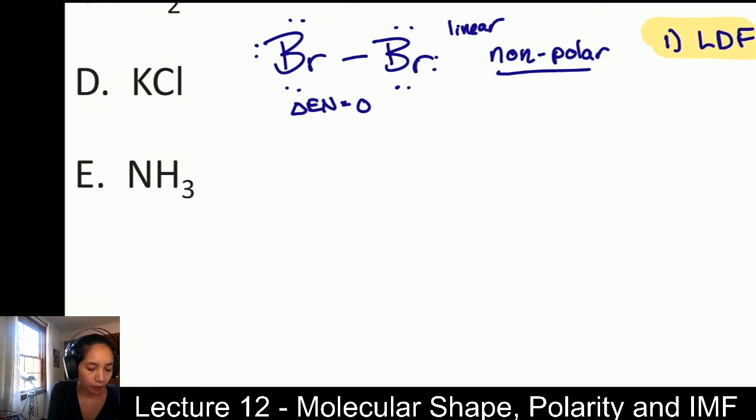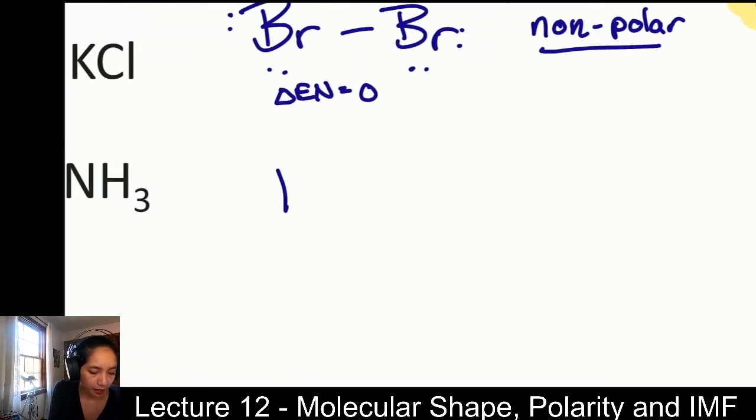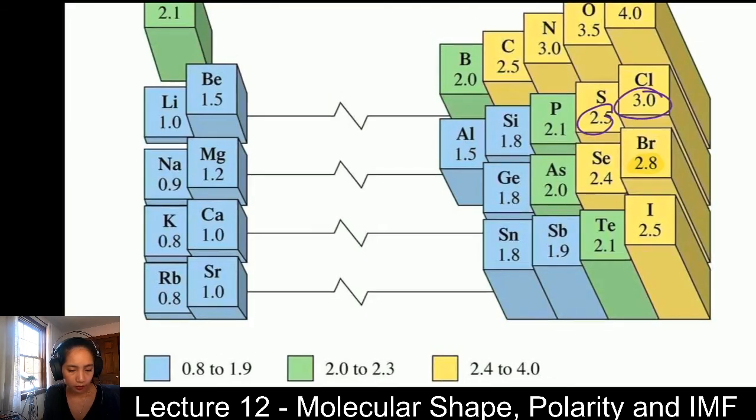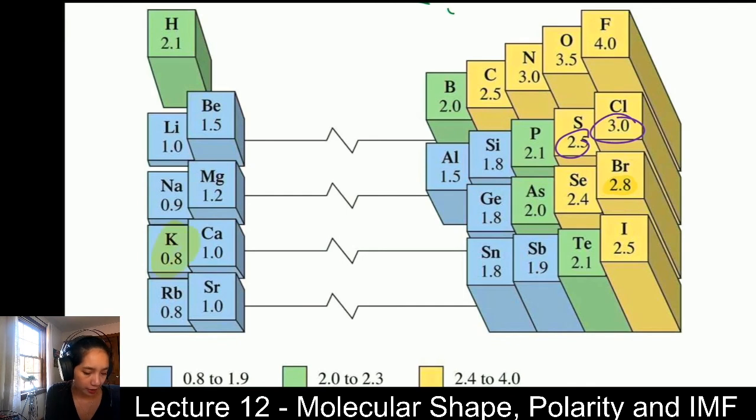Okay, what's next? KCl. So KCl is ionic. So K and a Cl, it's an ionic bond. All right, it's a cation and an anion. And so if you look up the electronegativities of these two atoms, potassium is 0.8 and chloride is 3.0.